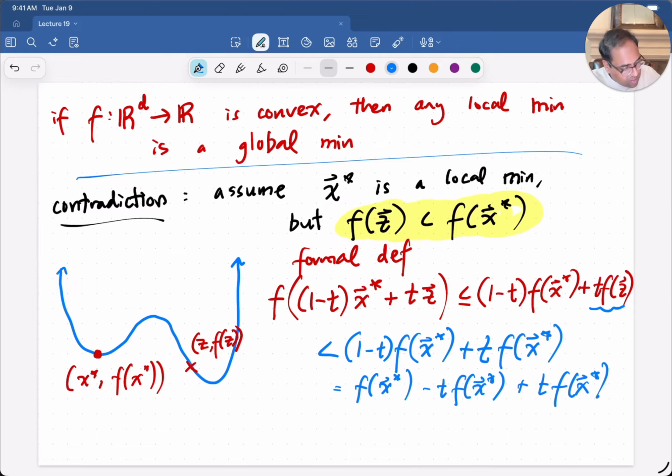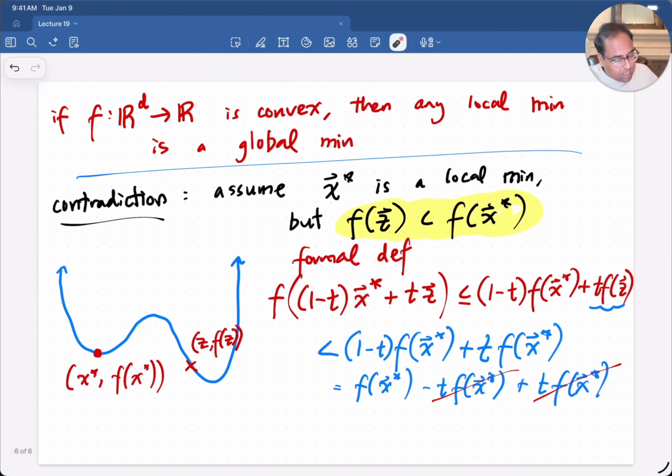And here, the t f of x stars go away, and this is really just f of x star. Now, what is the issue with what we've just stated? Because the contradiction itself isn't immediately obvious. Let me rewrite in the next slide slightly more clearly the final result of this expression. But notice we've turned this less than or equal to into a strict less than because of this assumption that f of z was less than f of x star.